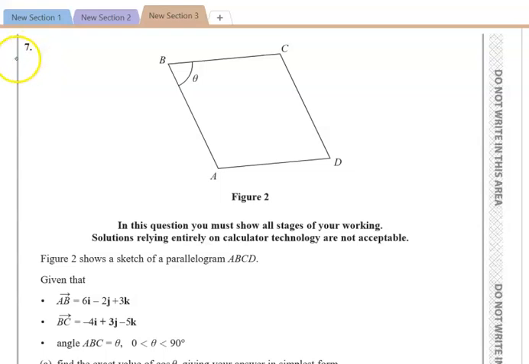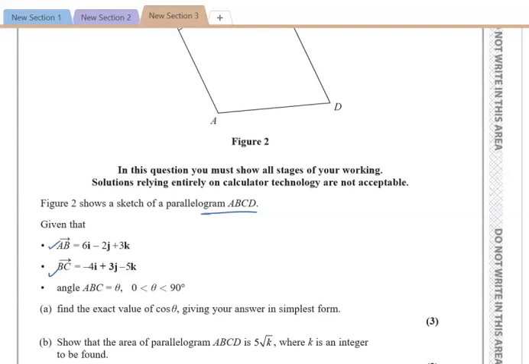Question 7. You have a vector problem here. So you have a parallelogram ABCD, and you have vectors a and b, and you have the angle theta, which is between 0 and 90. So for the first question, they're asking us to find the exact value of cos theta.